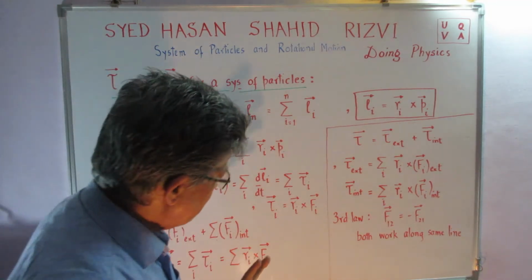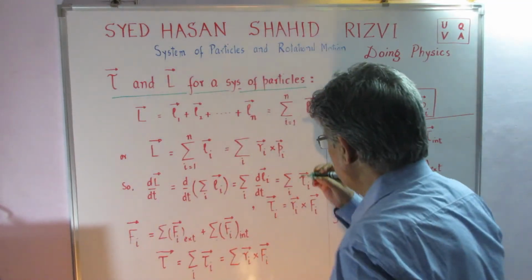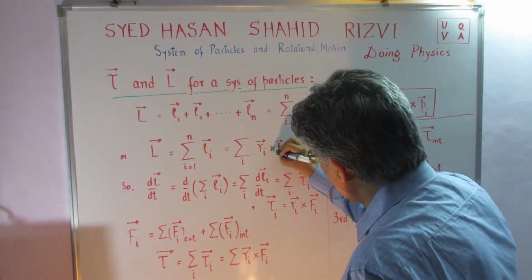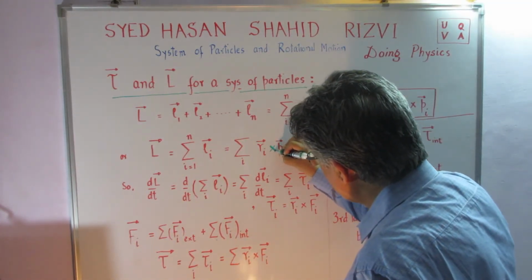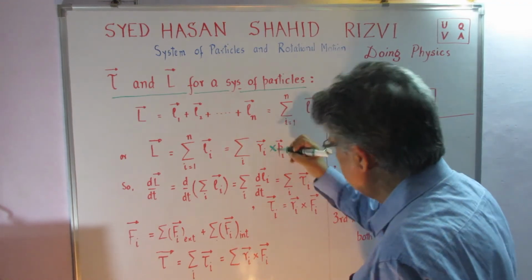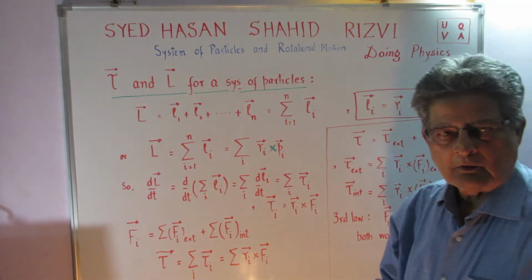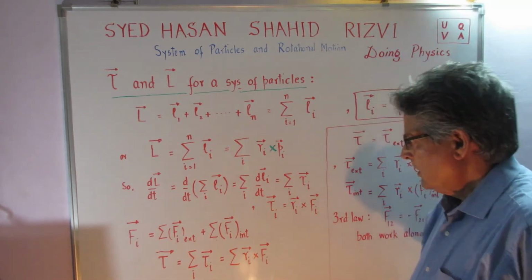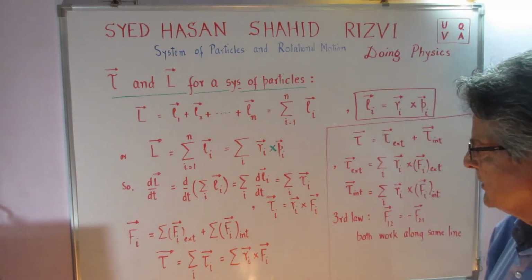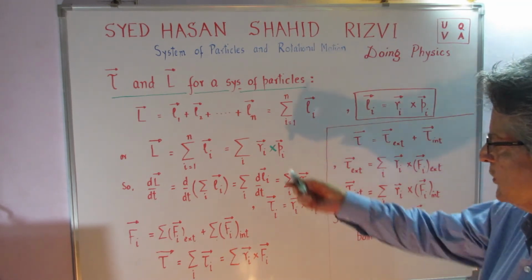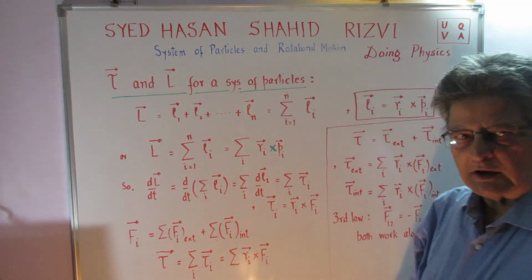I shouldn't have said into. It is not an into, it is rather a cross, and we should bear in mind that whenever the cross product of two attributes is described, you must adhere to cross over here, no into.